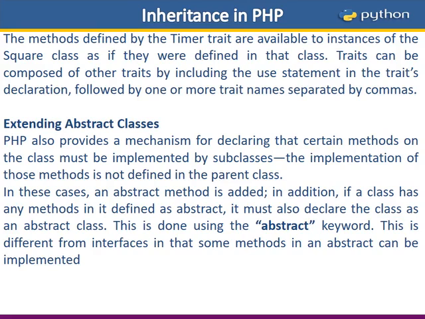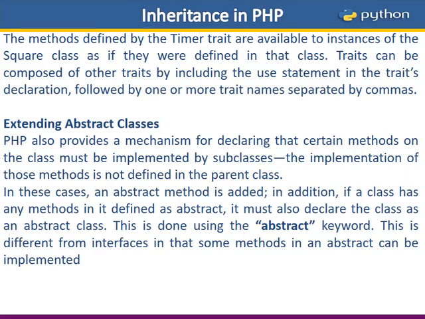The first one is extending a class, which we discussed using the extends keyword. We discussed implementing an interface using the interface and implements keywords, and using traits with the trait keyword and including them with the use keyword. And the fourth one is extending abstract classes.